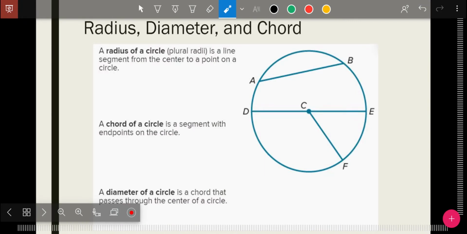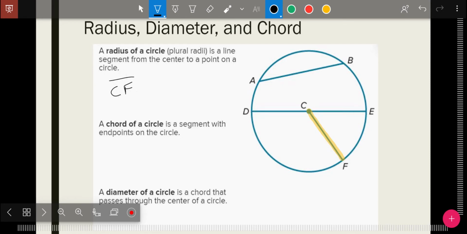So a radius, or radii, plural of radius is radii. The radii are line segments from the center to a point on a circle. And so radius here would be CF. That would be a radius. And so I would write that as CF.